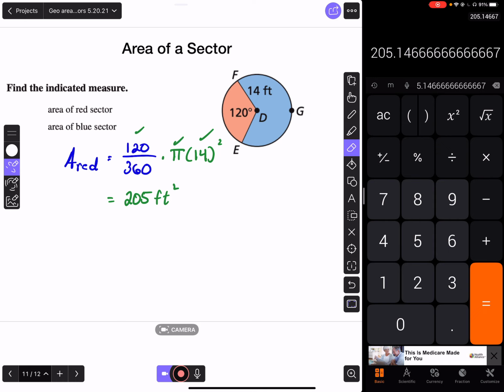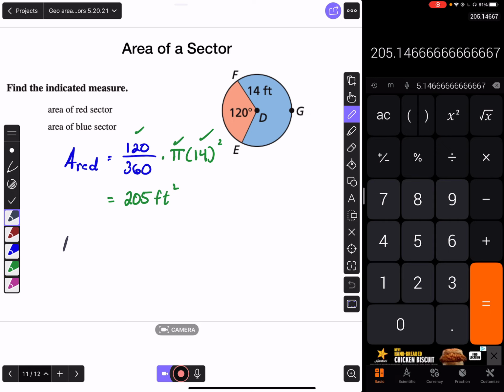Let's do the area of the blue. Should have color-coded this. The area of the blue is going to be the exact same thing, except the blue. If the red is 120, remember a circle has 360 degrees in it. 120 is the red one, so that leaves us 240 degrees out of the 360 left. That's the blue region's percent of it. Take it times pi r squared again.